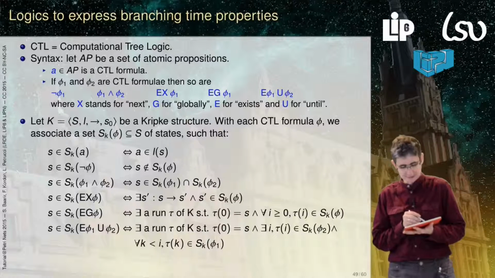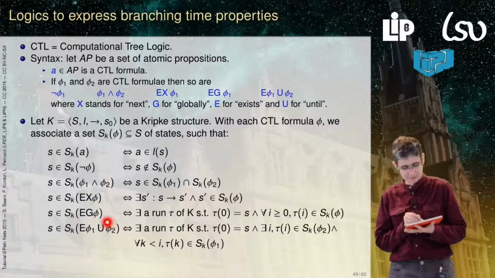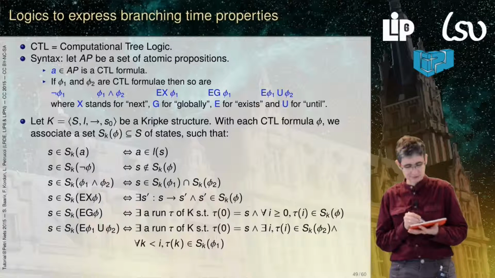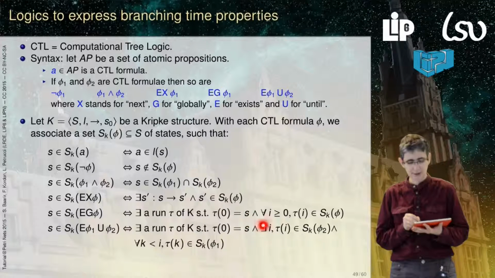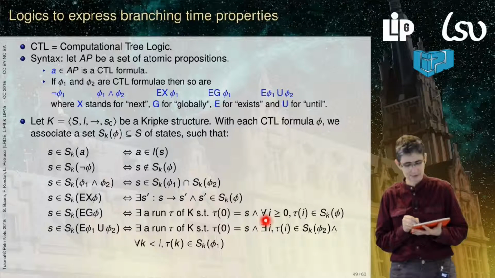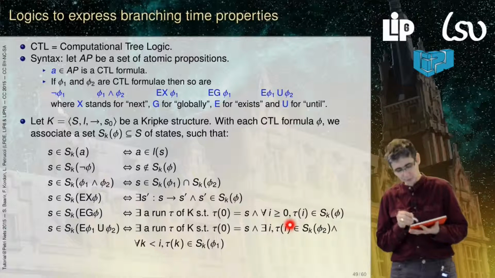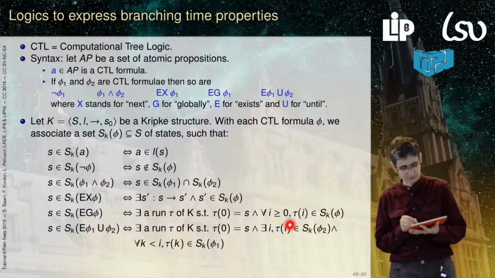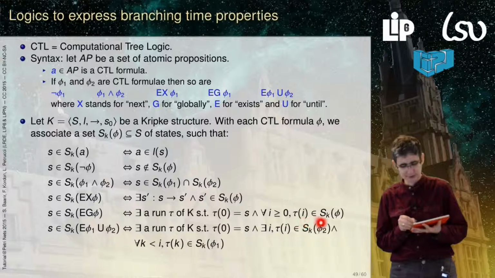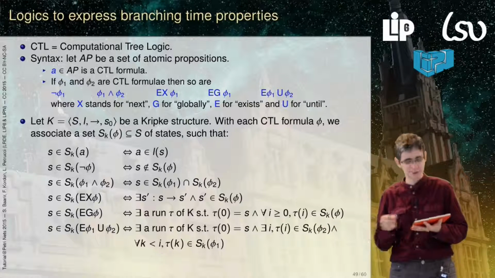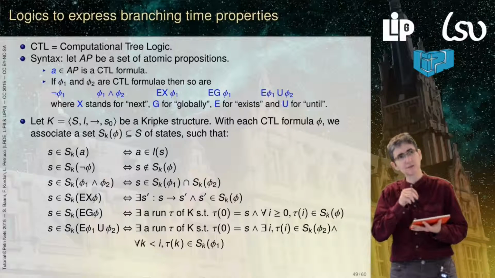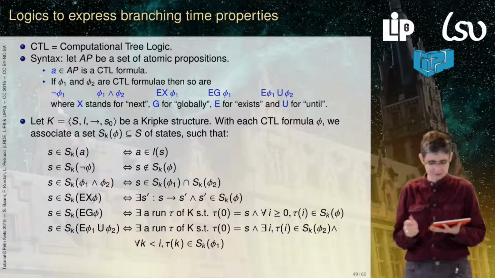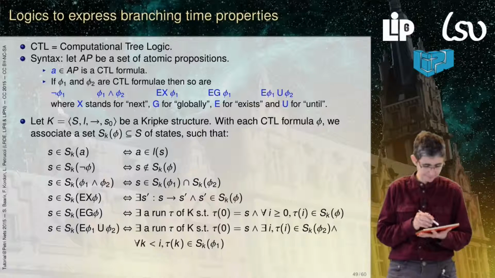Then a state S satisfies EG phi if there exists a run starting in S such that on the whole path from this state S on this run the states satisfy phi. So all along the path you can find states that satisfy formula phi.